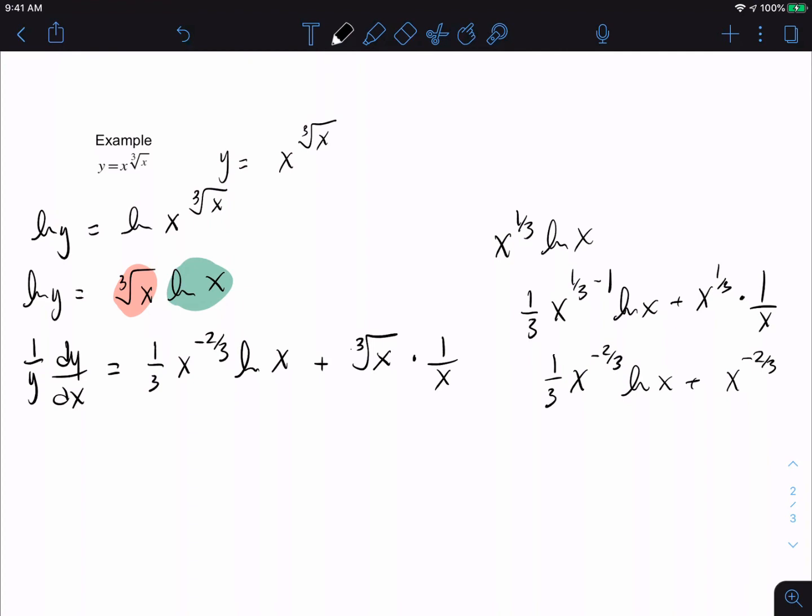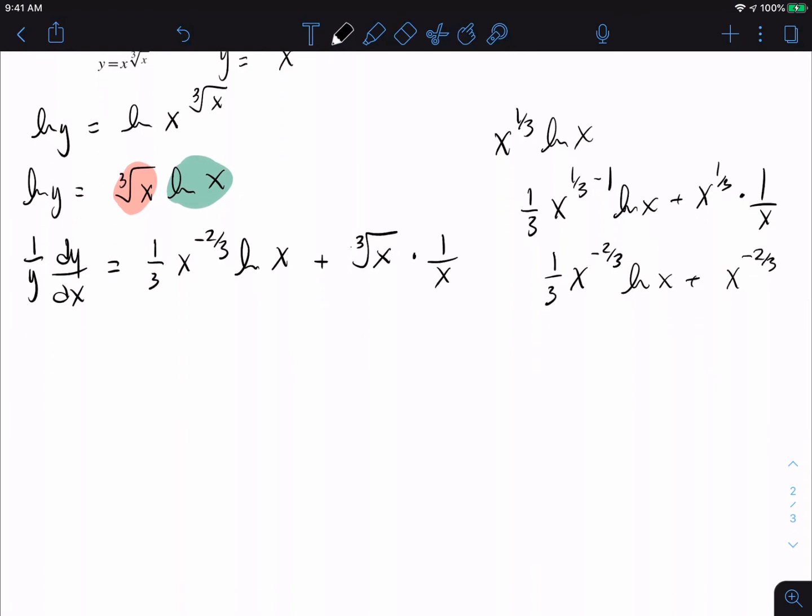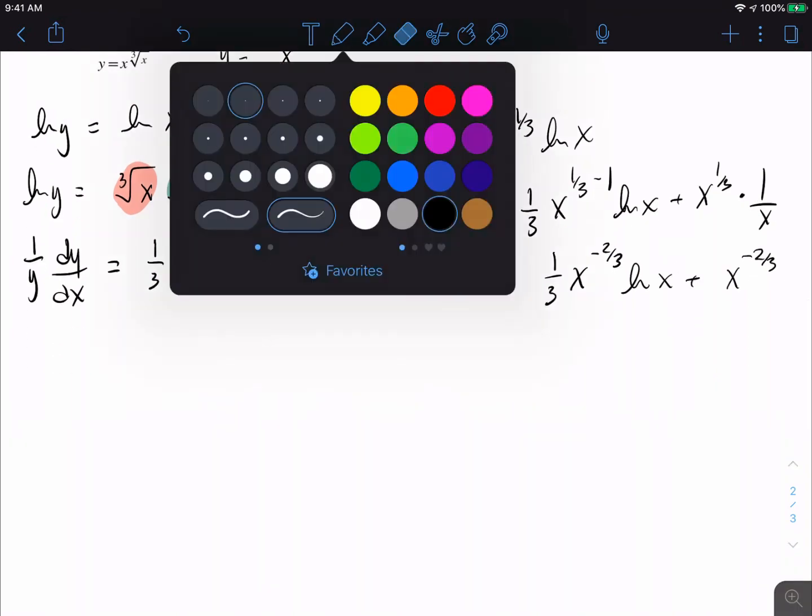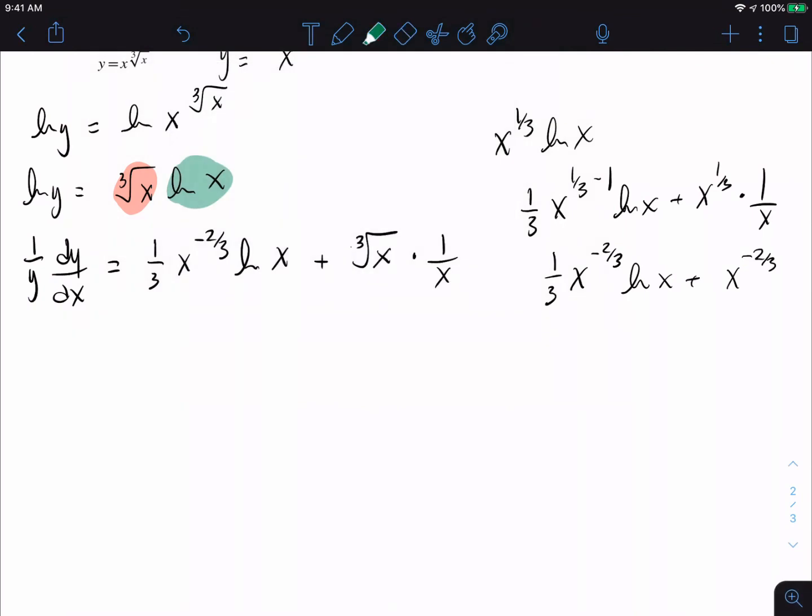No. No? Okay, so think of it like this. It's okay, there's no judgment. This thing right here, isn't that the same as writing x to the 1/3 over x? And isn't that x to the 1/3 over x to the 3 over 3?